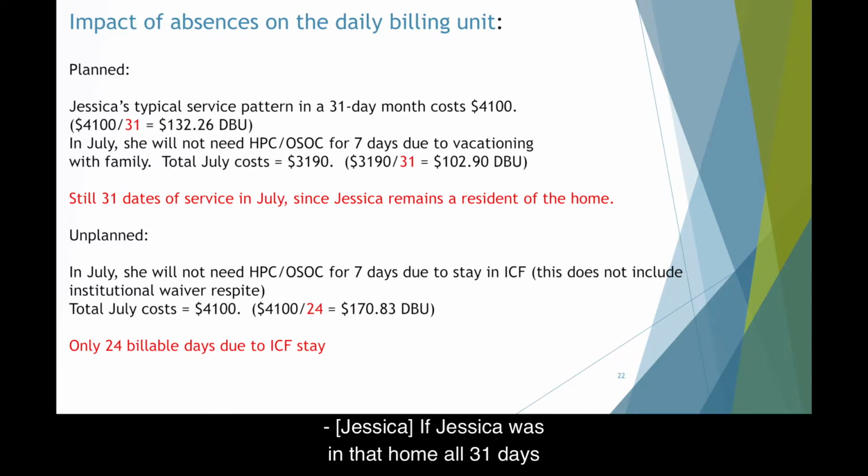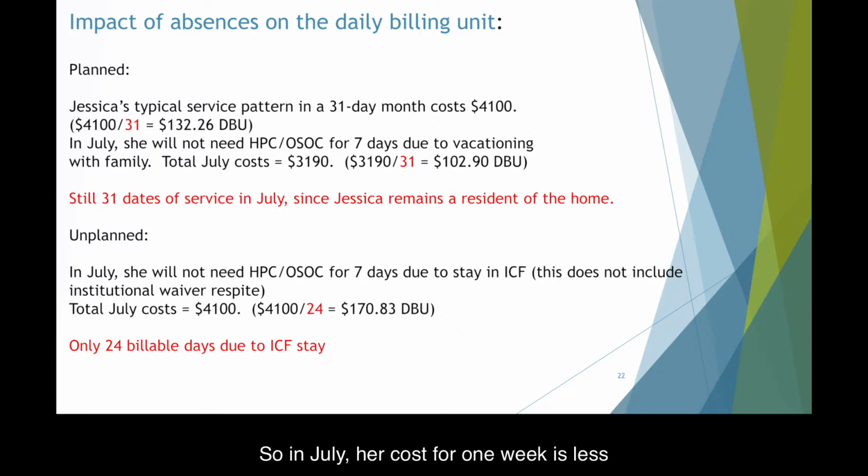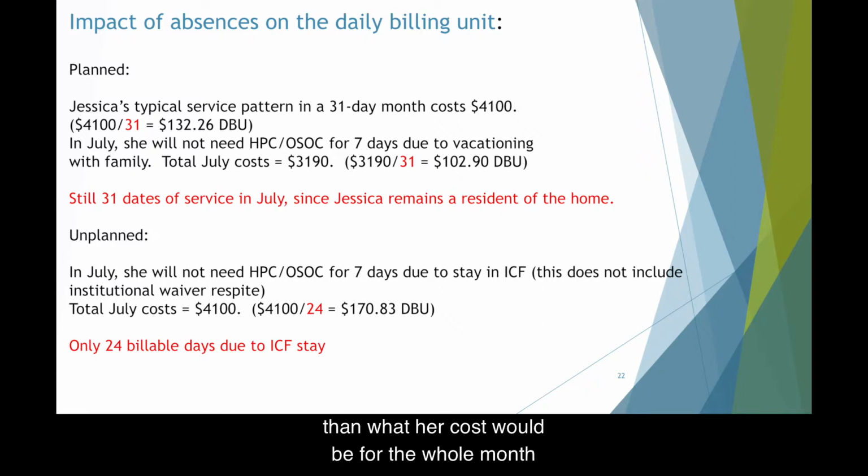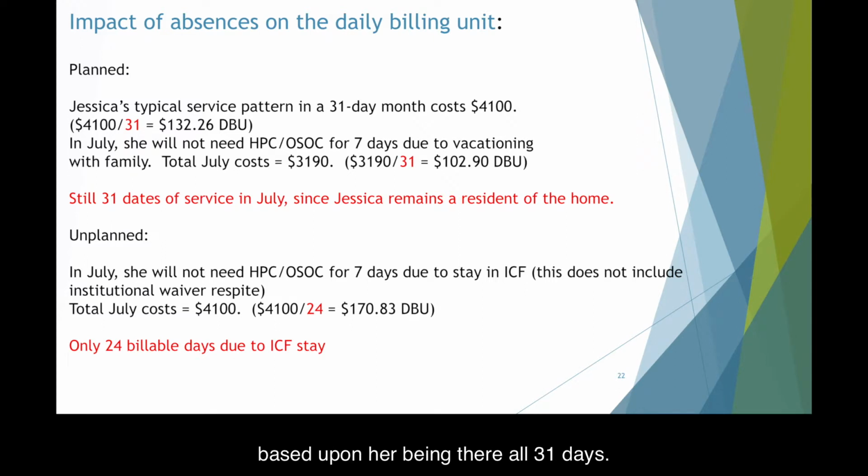If Jessica was in that home all 31 days and not on vacation, her typical cost for that month is $4,100. But since she is going to be out for 7 days due to vacation, that is a planned absence, and it is indicated on the schedule as Jessica will not be there for a whole week. So in July, her cost for 1 week is less than what her cost would be for the whole month based upon her being there all 31 days.